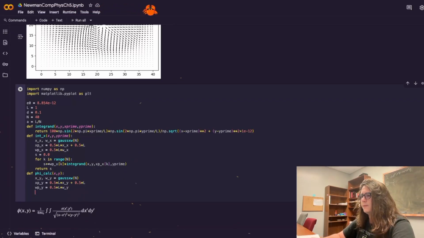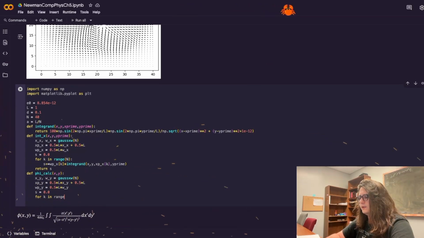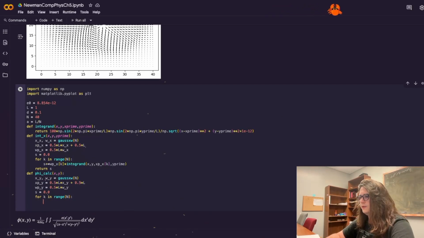I'm kind of losing my mind doing this code. And s equals 0, and then for k in range N, you add on to the sum wp_y times the x integral of the integrand, which is int x.